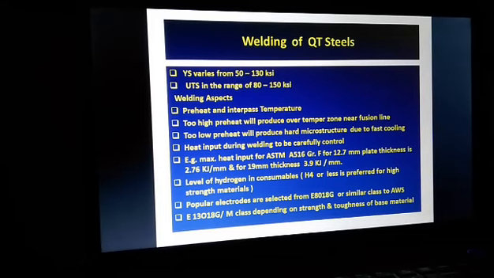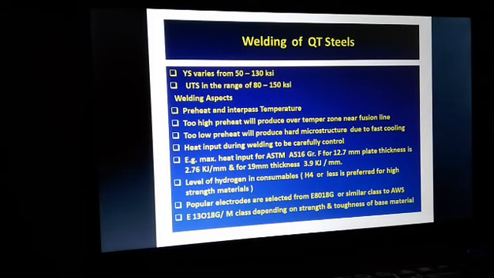For example, the maximum heat input for ASTM A516 grade F for 12.7 mm plate thickness is 2.76 kJ/mm, and for 19 mm thick, 3.9 kJ/mm. A hydrogen level of H4 or less is preferred for consumables for high strength material.